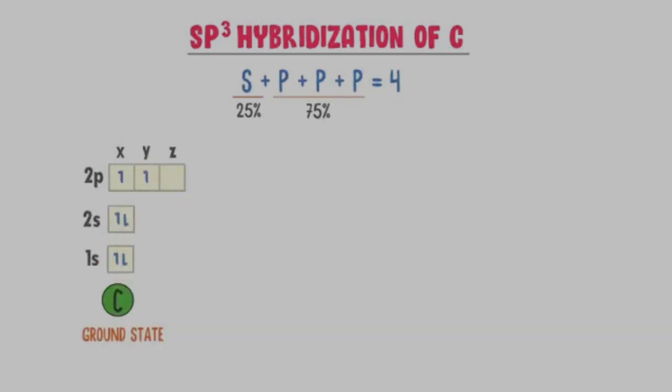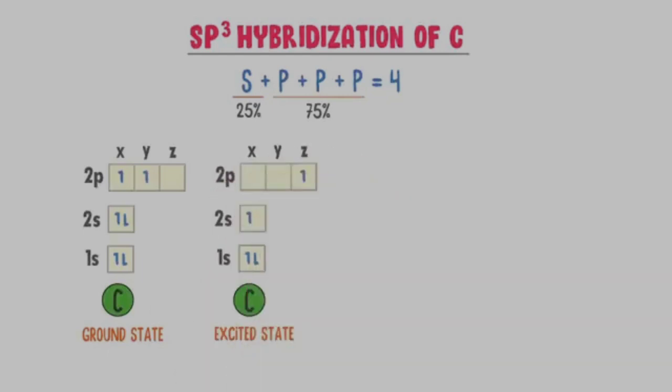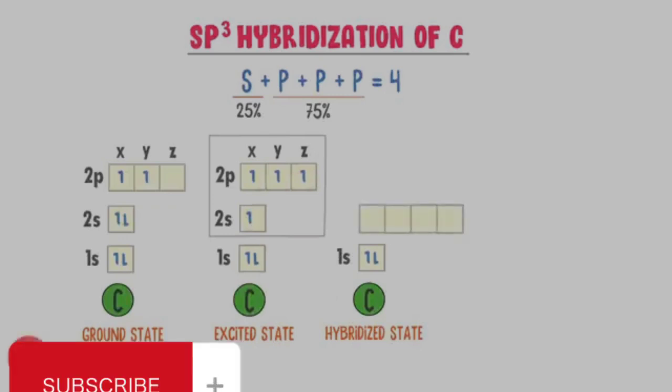Now let's consider the excited state of a carbon atom. There are 2 electrons in the 1s orbital, while 1 electron from 2s jumps into the z orbital of 2p. This is the excited state of a carbon atom. The 1s orbital is already complete, having 2 electrons. So this 2s orbital and 3 orbitals of 2p, x, y, z are mixed or combined together to form 4 hybrid orbitals.